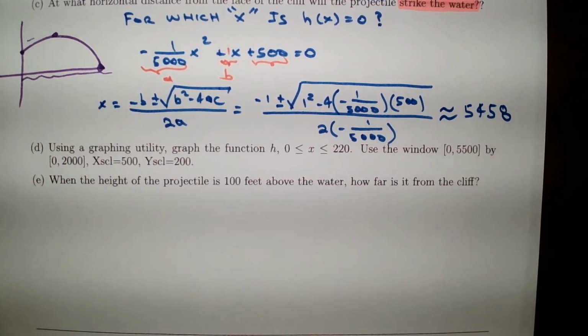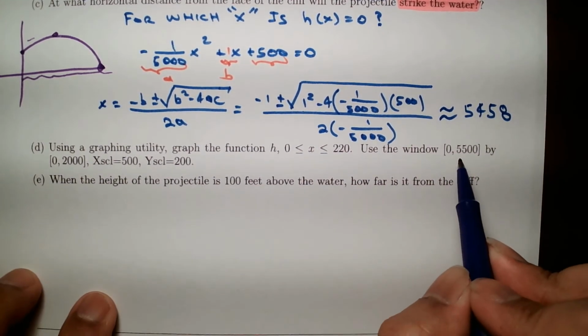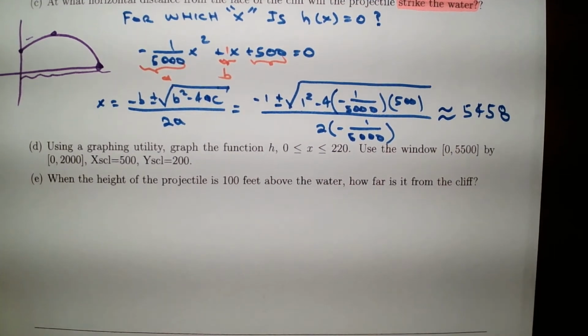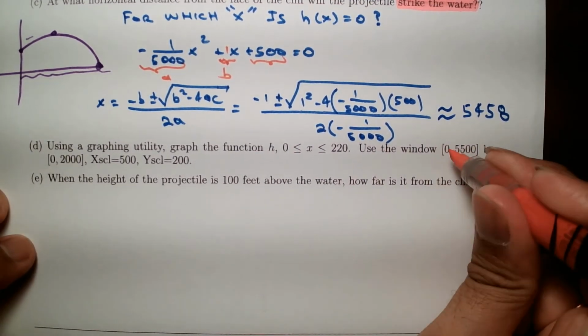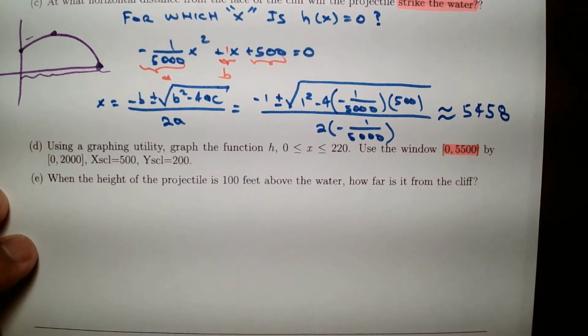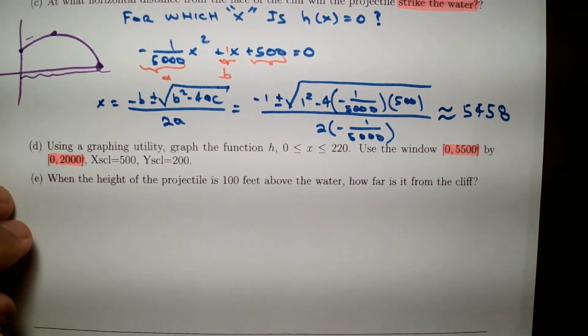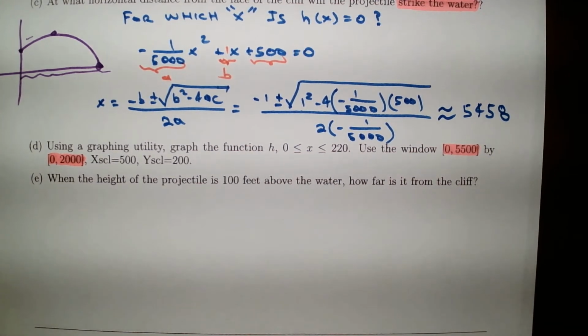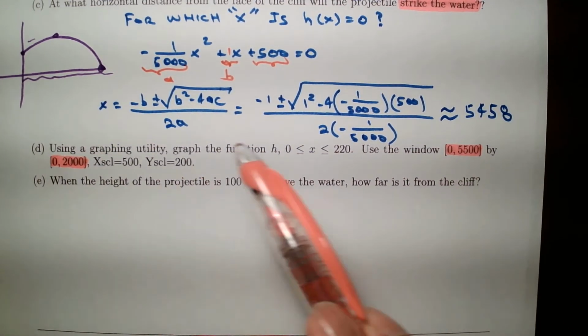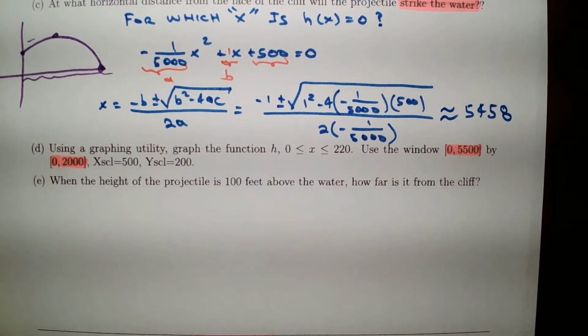How did I figure out these dimensions? Sometimes it might be a little bit tricky to find a good window so we can look at the entire graph.